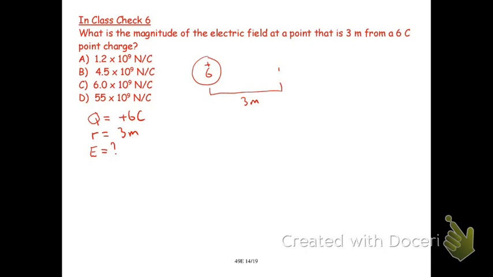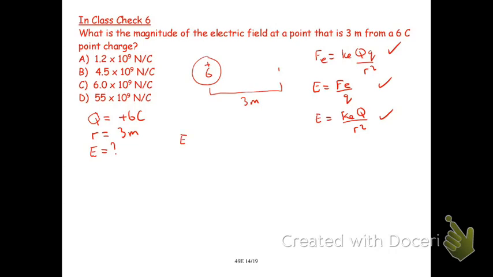There's two ways you can do this. You can say F_e is equal to k_e Q q over r squared, and then say E is equal to F_e over little q, so E is equal to k_e Q over r squared. You can know that definition and derive it, or with practice, if you do the homework, you get to know that equation.